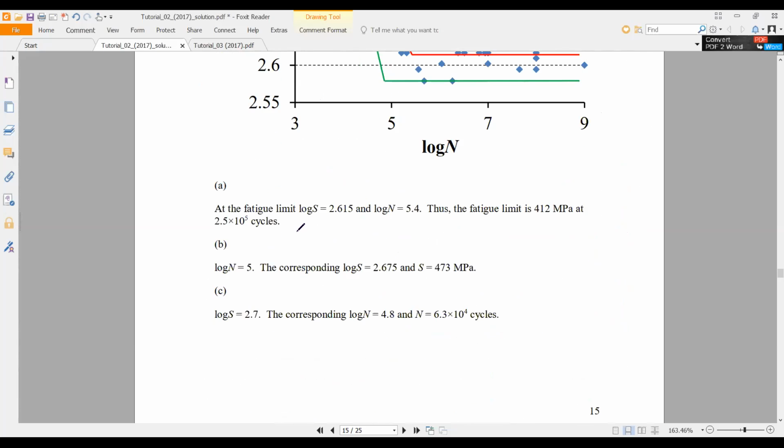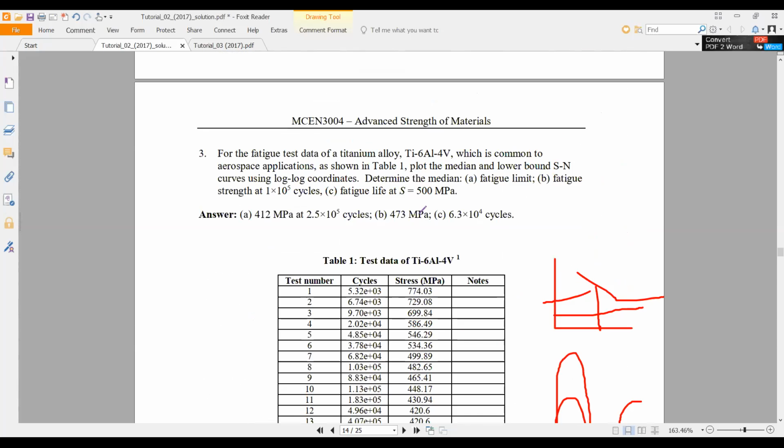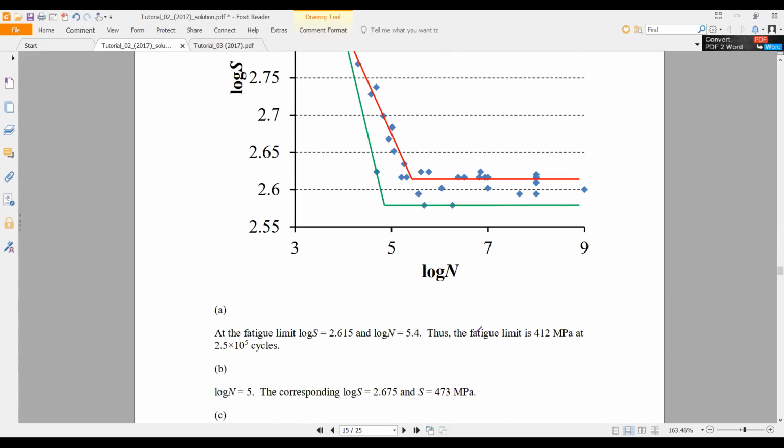And then if you have some values, you need to find out the fatigue limit. For the fatigue limit, they will consider this value actually in here. Am I right? Yeah, 5.4.